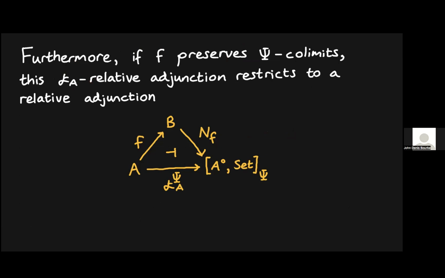Things get more interesting when we assume that A has some class of colimits and F preserves that class of colimits. Because in this case, the relative adjunction from the previous slide restricts. So instead of just considering the presheaves on A, we're considering the presheaves that preserve the Psi limits.